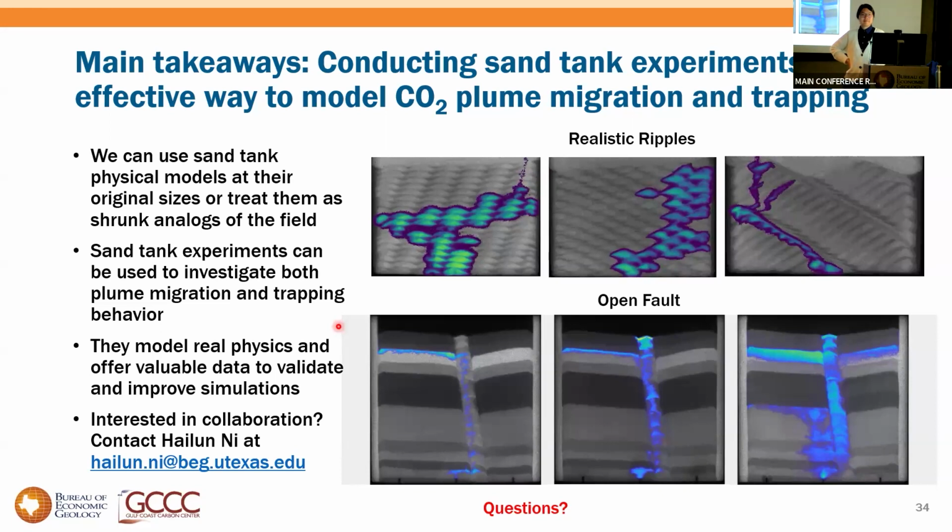So Hailun, I love this stuff, but I keep wanting to explore everything. What we do in a sand tank has always been vertical flow. But we know from, for example, Alex's talk yesterday that KVKH can be quite small, and that the plume spread and the risk may be mostly lateral flow, which I think bedforms are going to have a really important impact on, but it may not be the same impact.